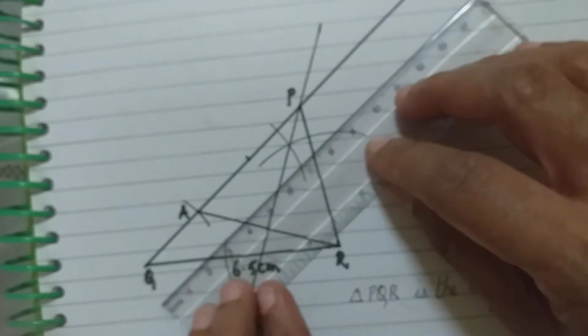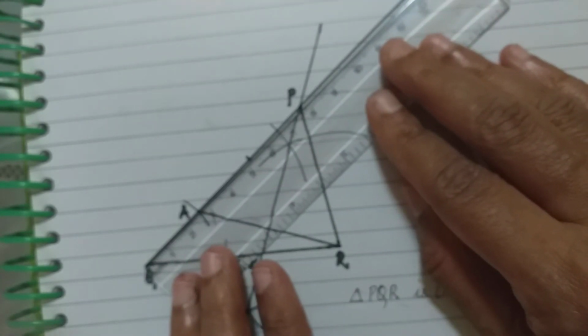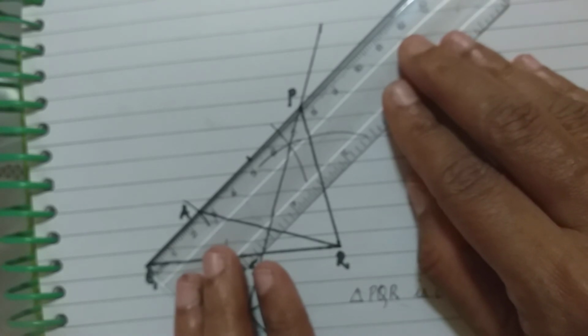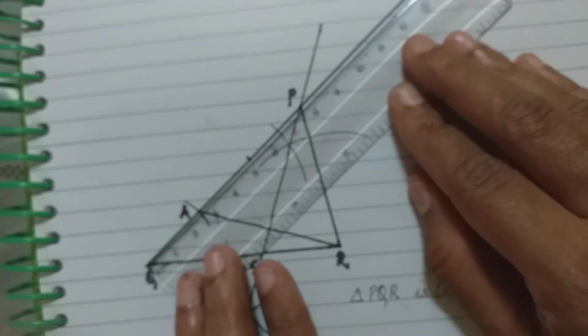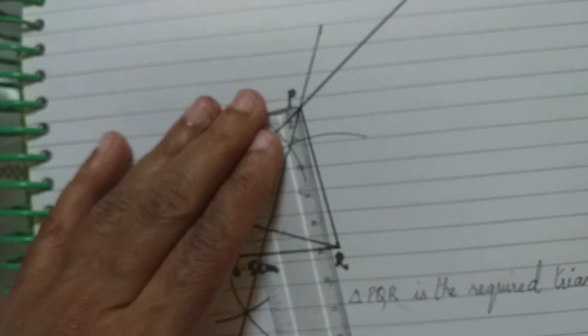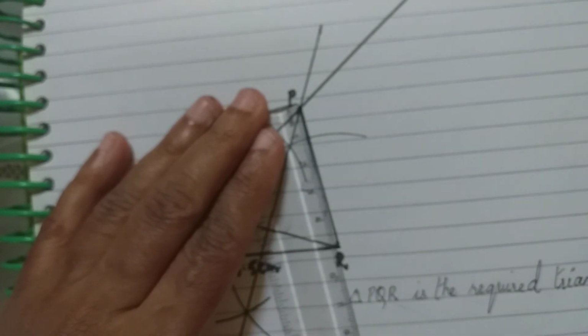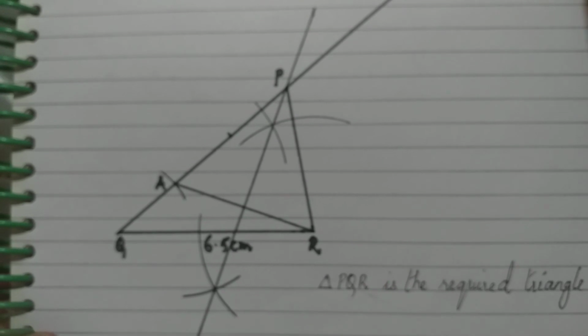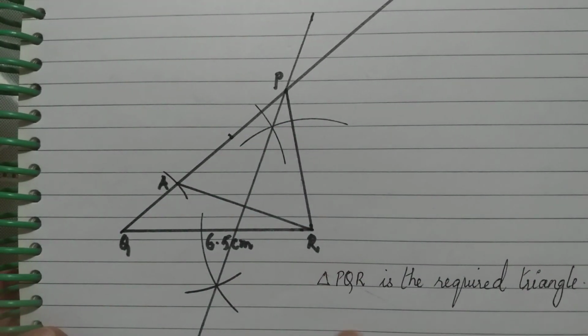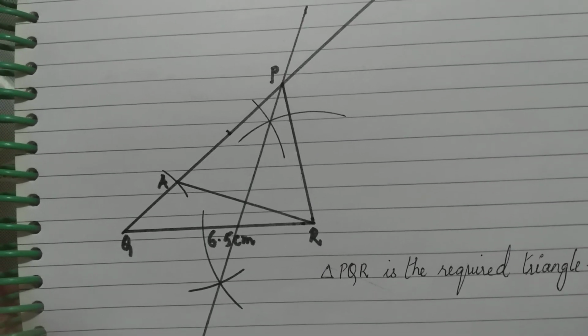Here, when we find the length of PQ, it is about 7.5 centimeter. And when I find the length of PR, it is 5 centimeter. So 7.5 minus 5 is 2.5 centimeters. So the triangle we have drawn is right. PQR is the required triangle.